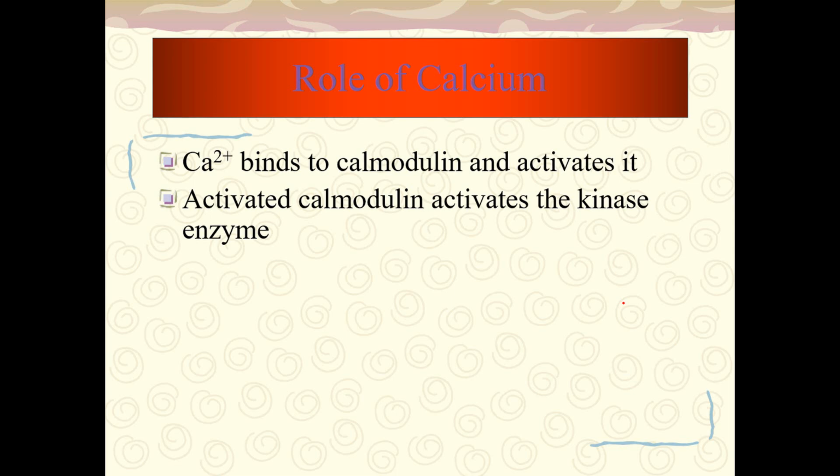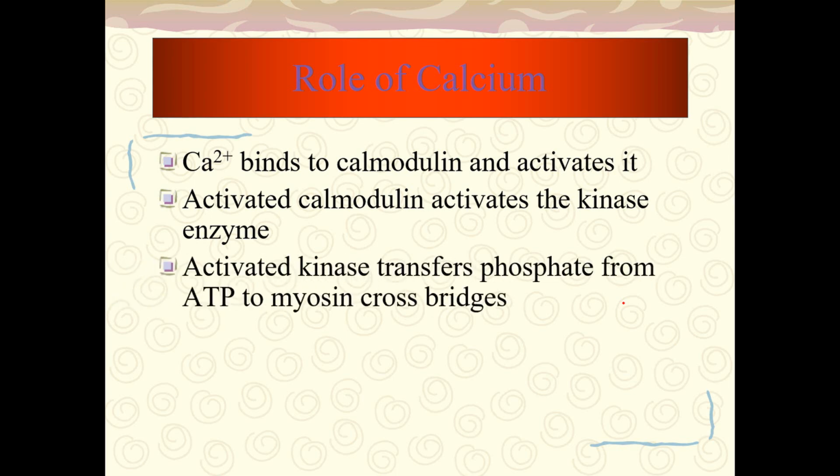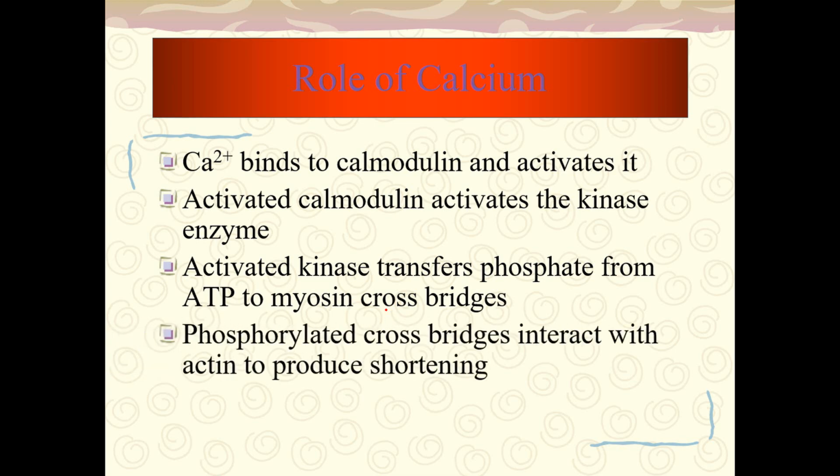Activated calmodulin will then activate that kinase, okay? That light chain kinase. So what that myosin light chain kinase is going to do is add a phosphate from ATP to that myosin head. Once that phosphate is on that myosin crossbridge, that myosin head, it can then bind to the active sites on actin. So think of it this way.